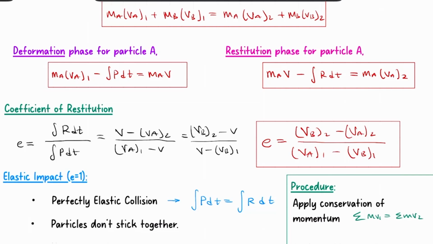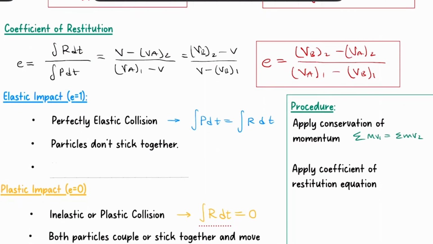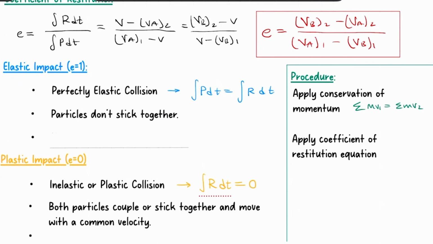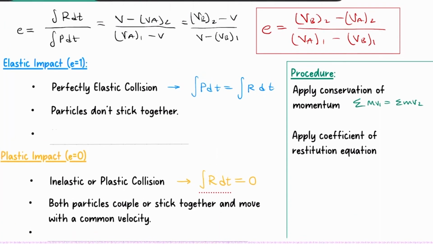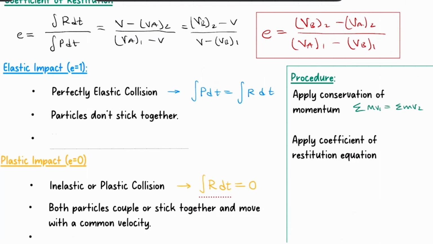Do we have an elastic, plastic, or partially elastic behavior? This coefficient of restitution is what tells us if our particles, after collision, are going to be moving together, or if they're going to bounce back, or if they're going to fall somewhere in between, bouncing back with some energy loss and so on.